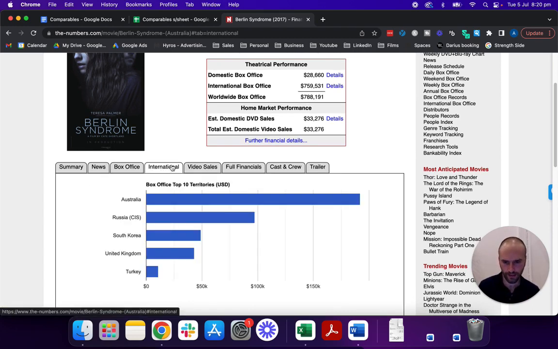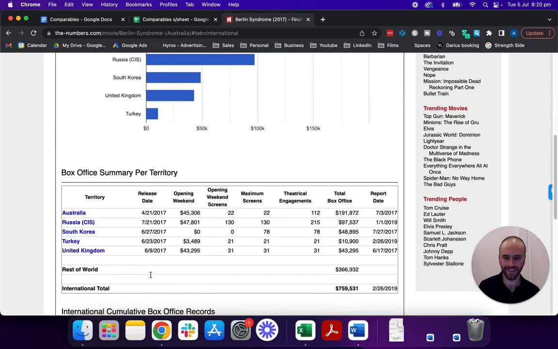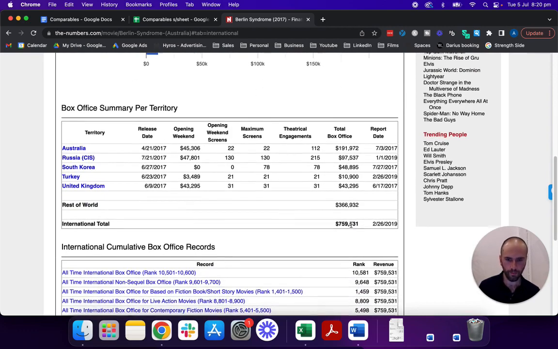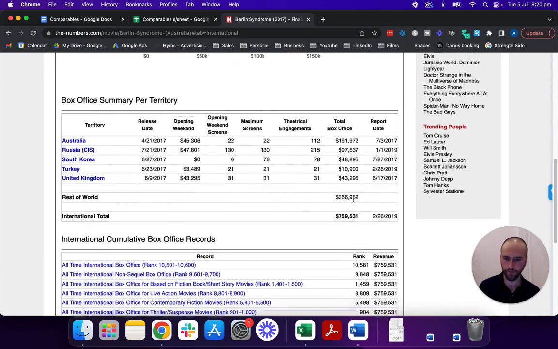So you can click on international here, and you can see the box office in each of the main international territories. And if you scroll down, that breaks it down even further.